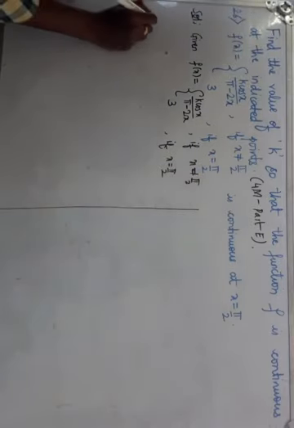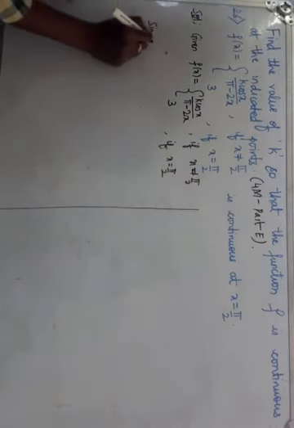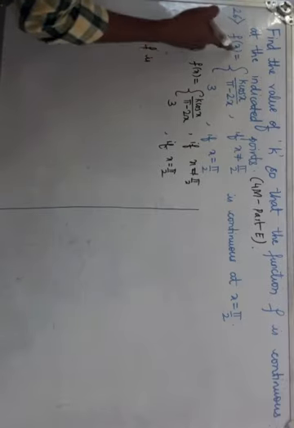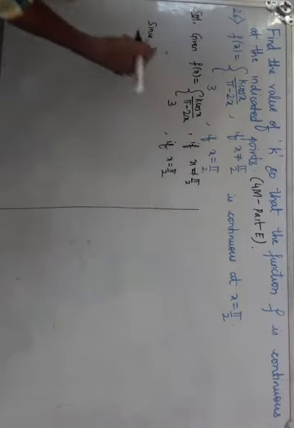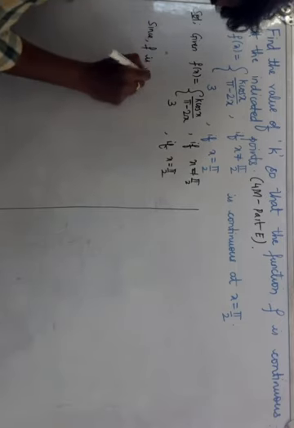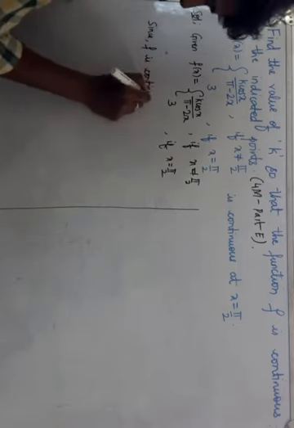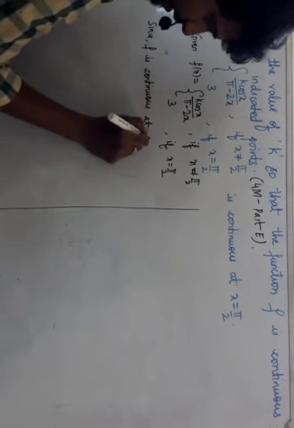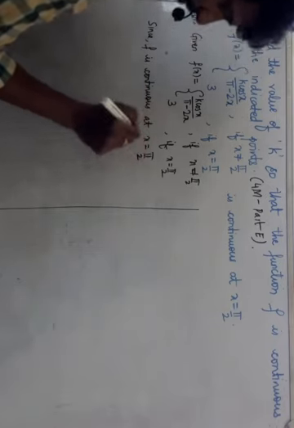Since the function is continuous, they have given this condition, f of x is continuous at x is equal to pi by 2. That's why I am using that condition. Since f is continuous at x is equal to pi by 2.